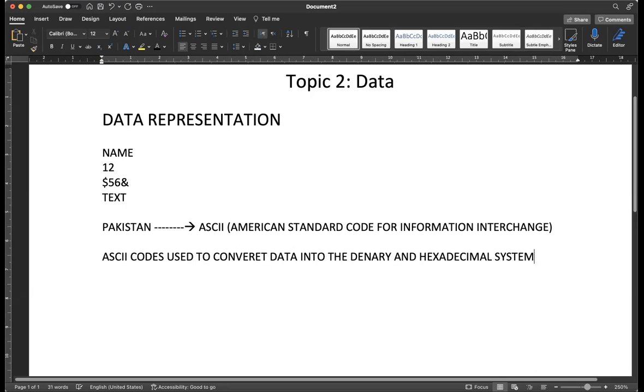Avoid spelling mistakes. So as you're typing this, the computer is changing it. Yes, it takes just a nanosecond to convert all the things. So the computer works very fast. Like when I'm typing, the computer is going to interpret everything in its own wording. That is why it is called a computer. So ASCII code is used to convert data into the denary and hexa system.